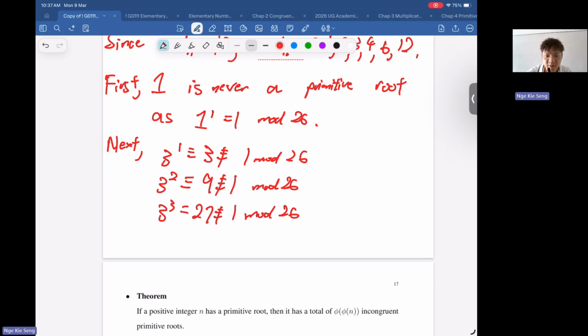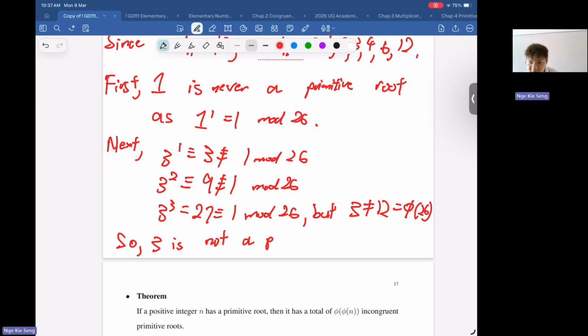Wait, what am I doing here? But 3 is not 12. Oh, okay, good. So here is 1. But then 3 is not 12. So 3 is not a primitive root.